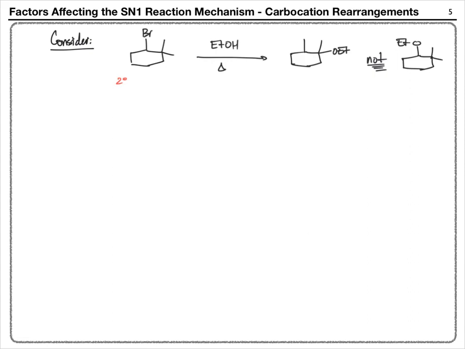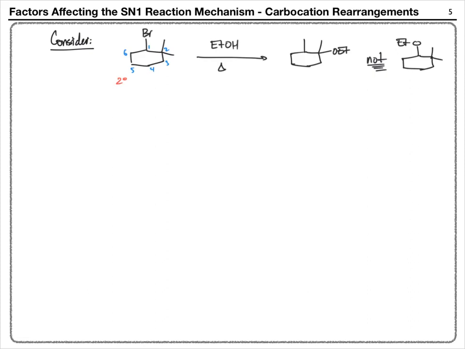So let me put some numbering here. I'm a fan of numbering these things. So 1, 2, 3, 4, 5, 6. You can see here that this 2 carbon has two methyl groups. Now in the product, that no longer exists.